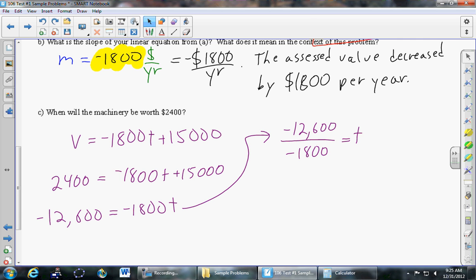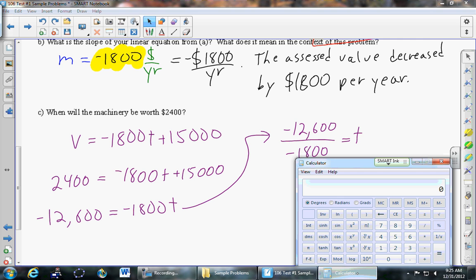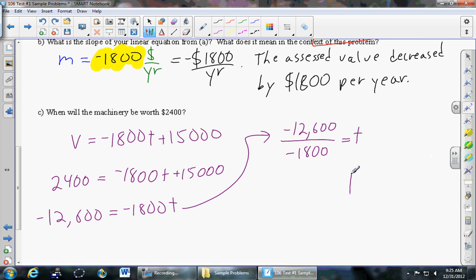And whatever I get is T. Use the calculator to help us here. 12,600 divide by 1,800. Notice I didn't type in the negative signs. In my mind, I've just canceled them, so less to type, less chance to make a mistake on the calculator. And we just get 7. So T is equal to 7. 7 what? T was measuring time in years. So after 7 years, the machine will be worth $2,400.